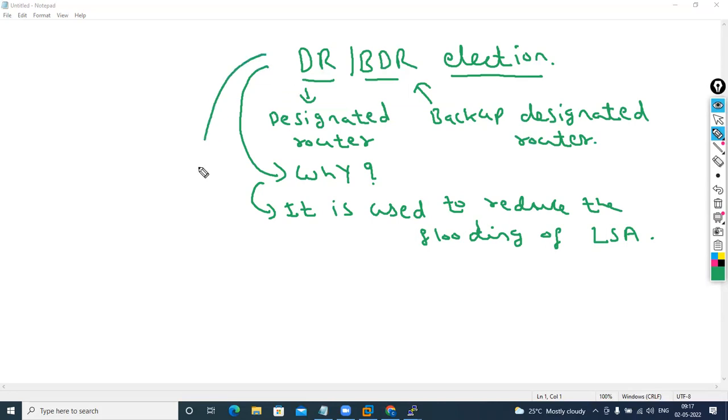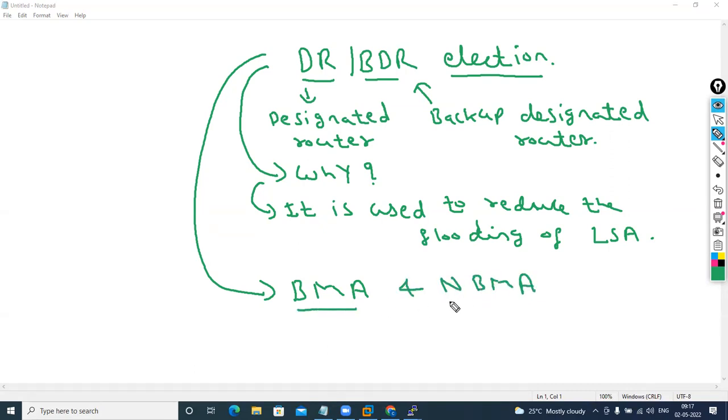This DR/BDR election happens in BMA network type. We'll discuss this network type, don't worry. In BMA, that is broadcast multi-access, and NBMA networks, only in these two networks you have DR/BDR election. In point-to-point, point-to-multipoint broadcast and point-to-multipoint non-broadcast, we don't have DR/BDR election.